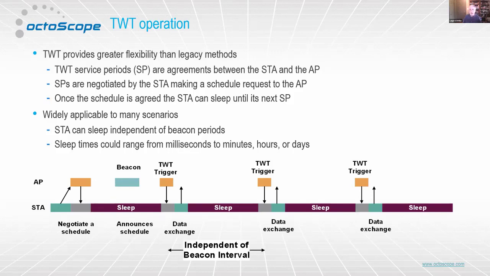And that service period does not have to have anything to do with beacons. It can be very short and beacon-like, or it can be extremely long. We'll describe a little bit later how they're calculated, how the specification put some parameters in place that will let you create extremely long periods. And so it'll look something like this. You'll have the infrastructure, the AP, and a station, which will negotiate a schedule.